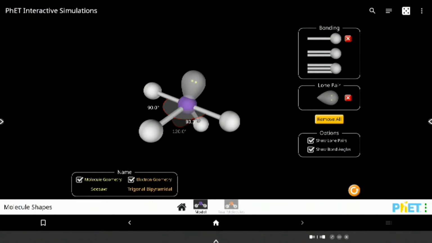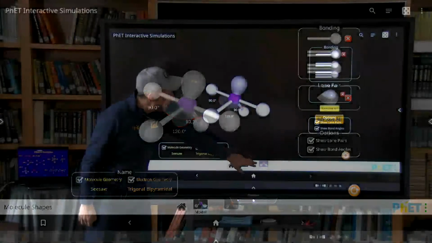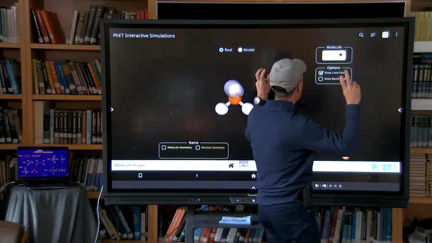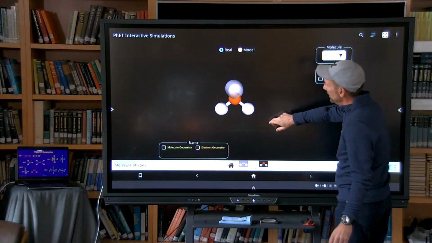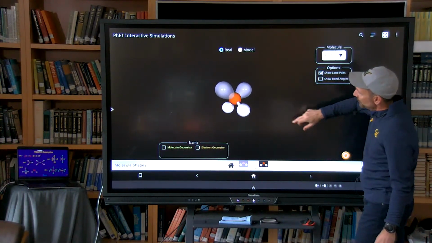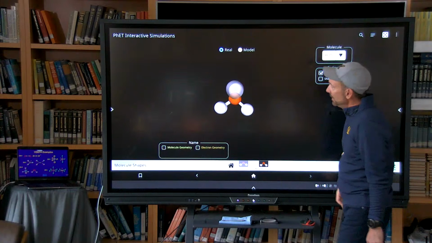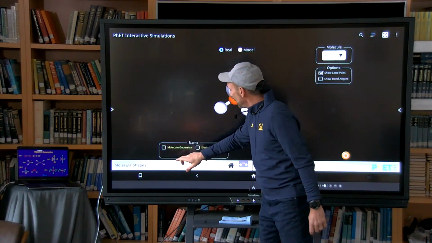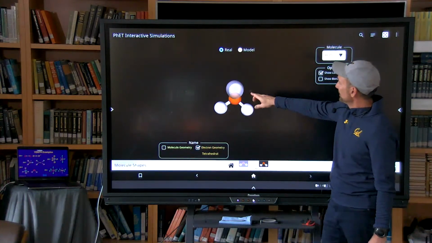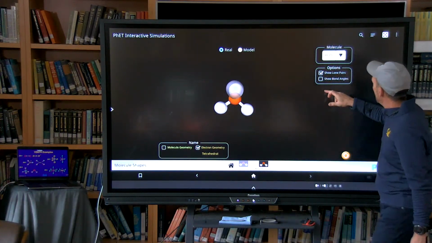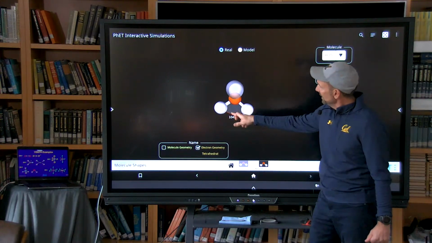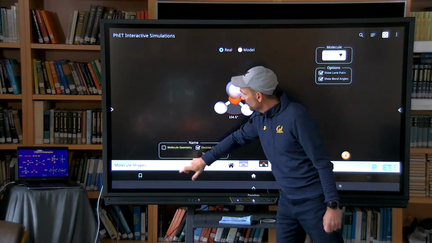I'm going to switch from the models to real molecules, though. So here's water, H2O. The models there, I was giving those precise bond angles. So the electron geometry is still tetrahedral here. If I show the bond angles, the molecular geometry, as you know, is just bent.